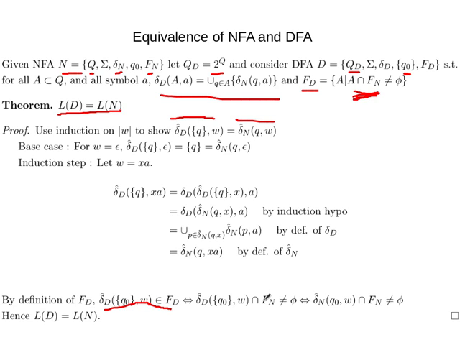And for the NFA, the acceptance condition was that this thing must contain some final state. These are from the definitions of DFA and NFA. If you forgot, just go back to the definitions of how we defined acceptance criteria for DFA and NFA formally. You will see that these are precisely the equations for the acceptance criteria for DFA and NFA.